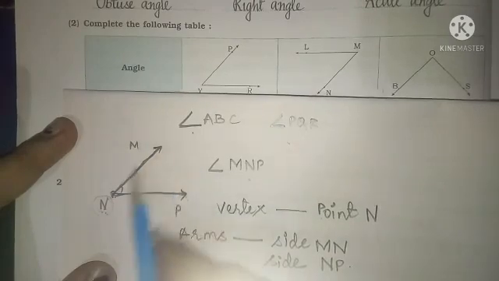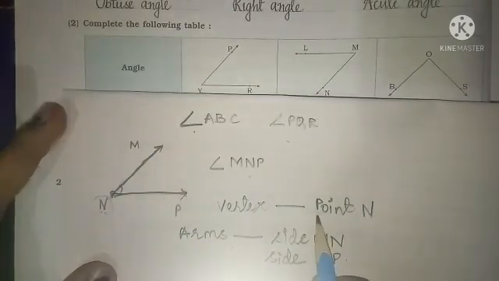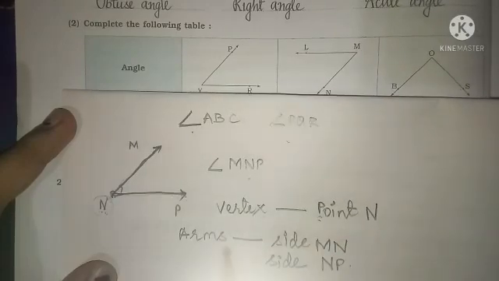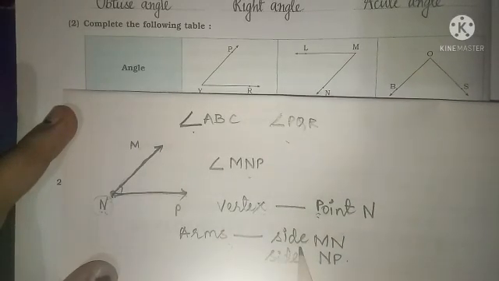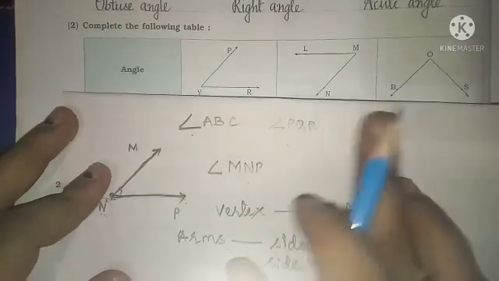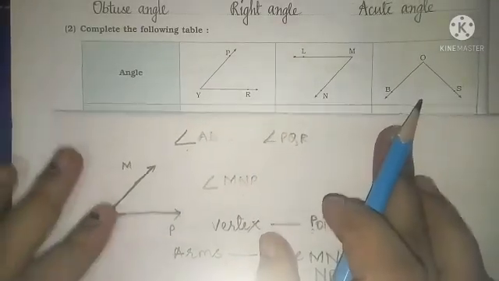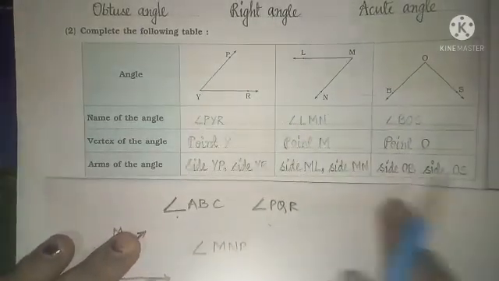So while indicating the vertex you are going to name it as point, and while writing the arm you are going to write it as side. After that you have to name it. Already I have written the answer for these figures. Let's see one by one.